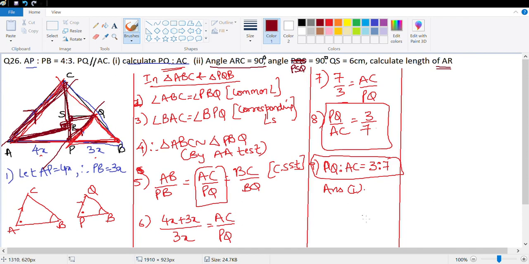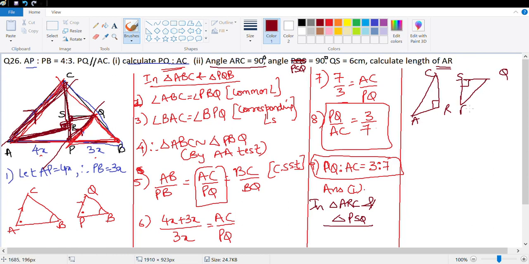Let's just write this down. In triangle ARC and triangle PSQ, let's draw these two triangles separately. Let's redraw. This is R, this is A, this is C, and this is S, this is Q, this is P. This side and this side are parallel, one angle equal, which is 90.